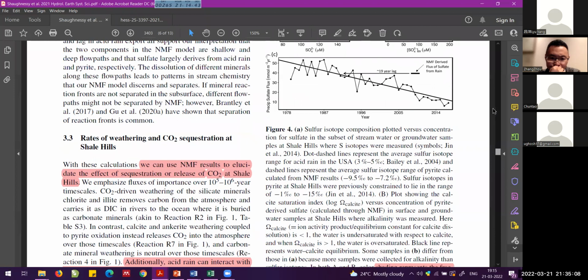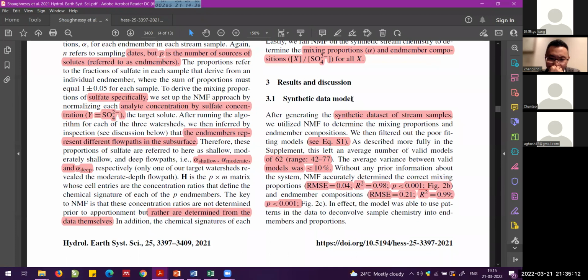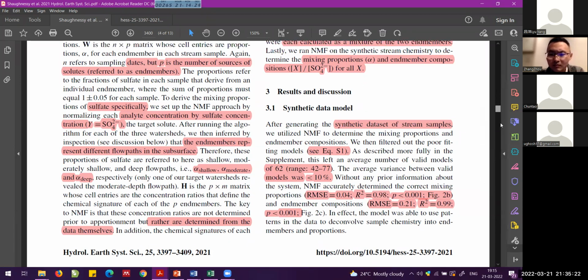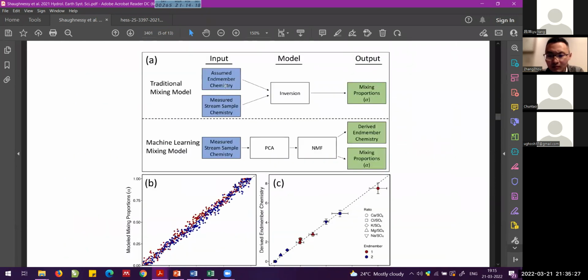For training purposes, if we assume the end member composition, that is done in normal cases, the earlier one they have mentioned. So just let me go to that. The traditional mixing model assumes the end member chemistry, and the training is done on a natural data set. In that case, what we have to assume is the end member chemistry. But if we are assuming it, it might be wrong, or there might be considerable error.